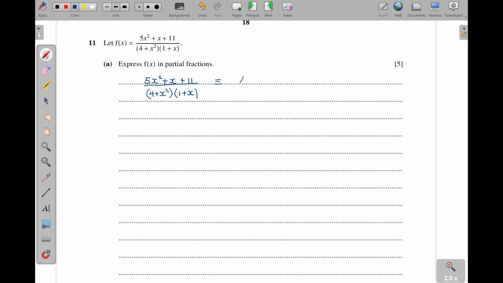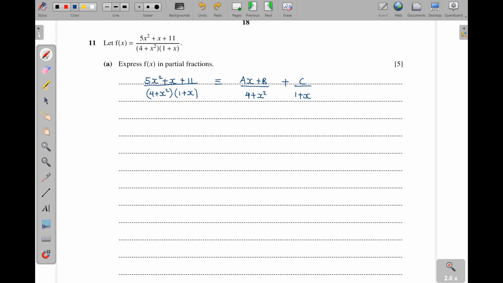This one can be (ax plus b) over (4 plus x squared), because this is a non-factorizable quadratic factor in the denominator, and then plus, this one is a linear factor, so I'll just say c over (1 plus x). So this is going to be our LCM.